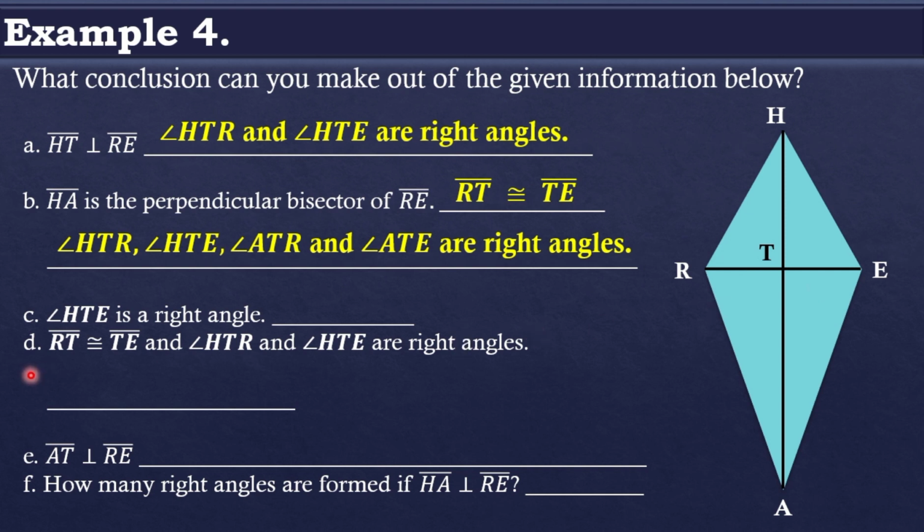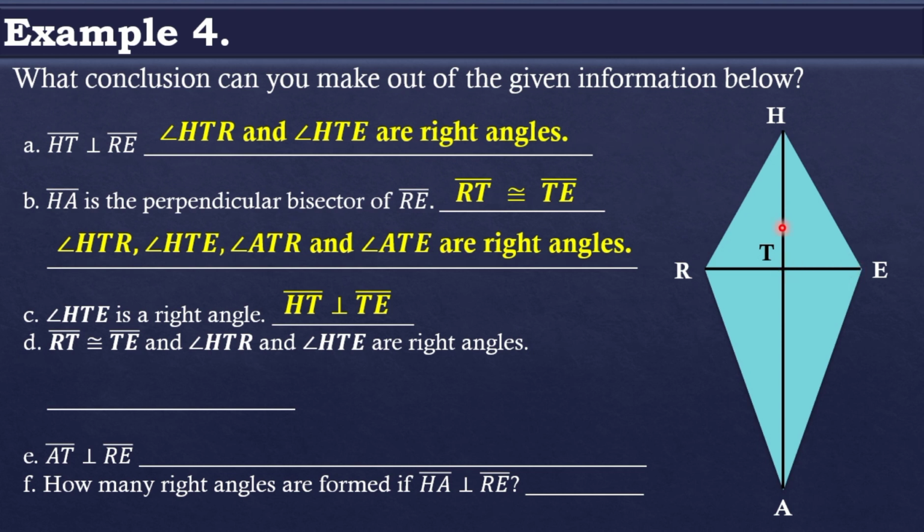Next, angle HTE, so ito si HTE, angle HTE is a right angle. So, what can you conclude? So, kung right angle siya, ibig sabihin, HT is perpendicular to TE. Okay? So, we can conclude that HT is perpendicular to TE because angle HTE is a right angle.